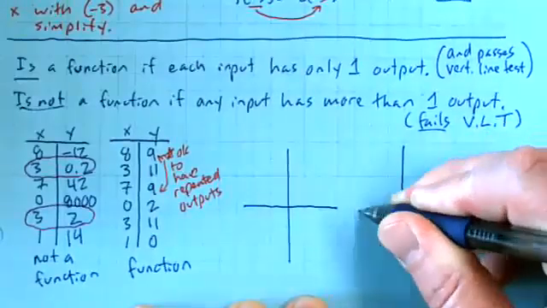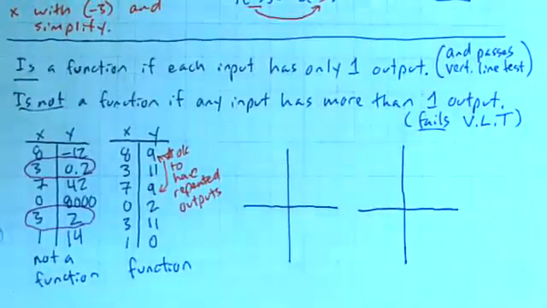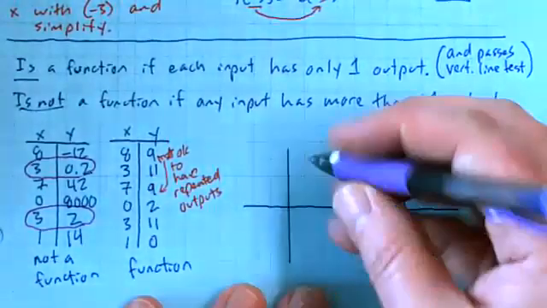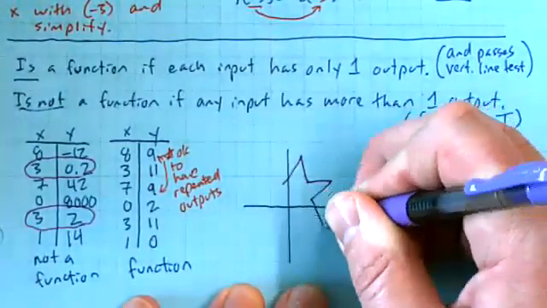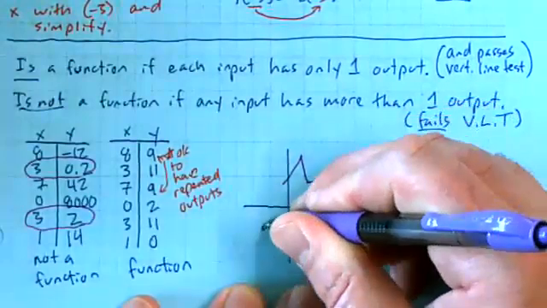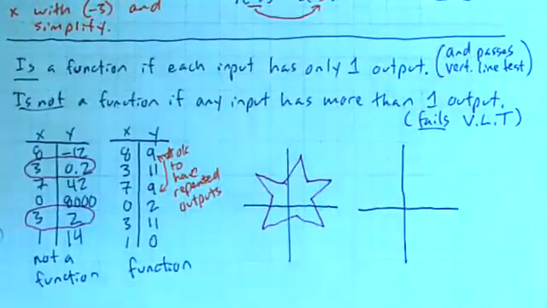I have some pretty artistic people in here. Can somebody describe me a shape that would fail the vertical line test? A star would fail a vertical. Let's see if I can pull off a star here. Pretty good so far. I kind of lost it at the end there, but that would fail a vertical line test, wouldn't it?